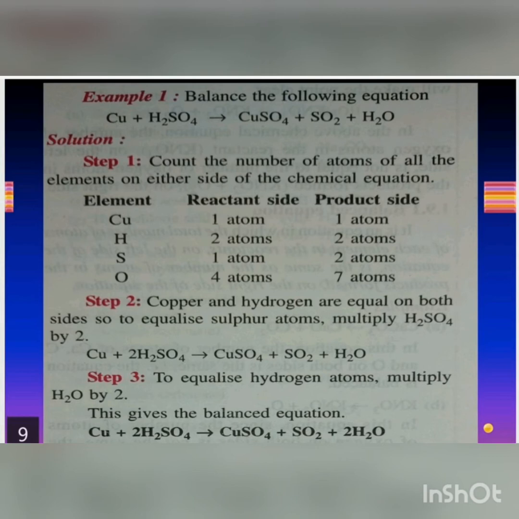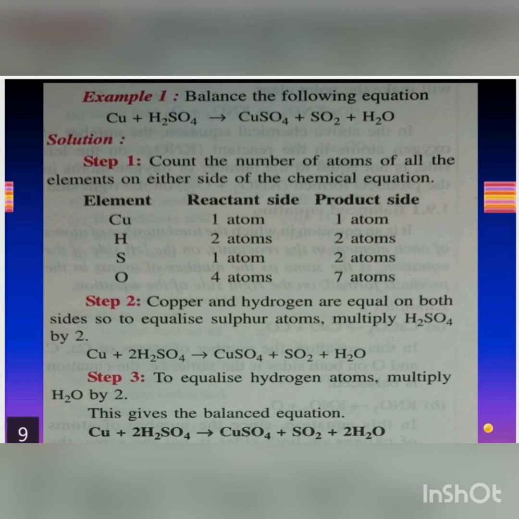Now what has happened? Sulfur is balanced out, but at the same time we see that the balance of hydrogen has gone off. So we need to balance hydrogen again. Hydrogen was initially 2 on both the sides, but when we tried to make sulfur 2, hydrogen has become 4 on the left hand side, that is on the reactant side.